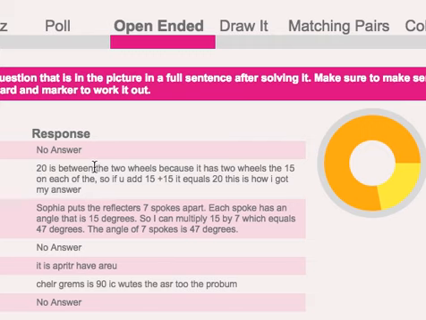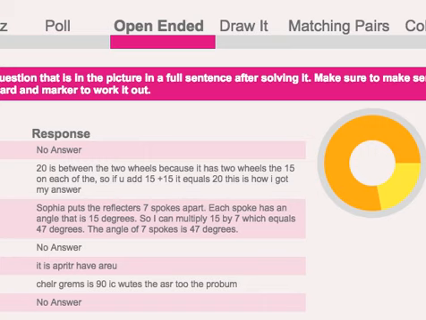20 is between the two wheels because it has two wheels, the 15 on each of the, so if you add 15 plus 15, it equals 20. So this is how I got my answer. All right, now your problem said that you needed to answer this question in a full sentence.